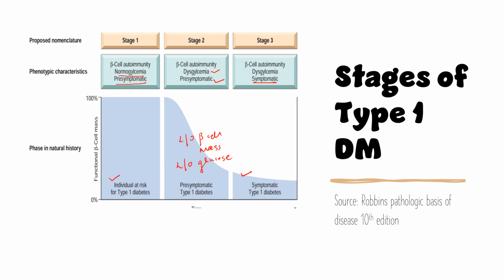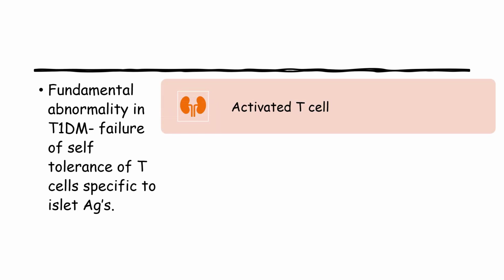So the fundamental abnormality in type 1 diabetes mellitus is failure of self-tolerance in T cells specific for islet cell antigens. Because of the failure of self-tolerance of T cells specific to islet antigen, you get activated T cells. These activated T cells are formed due to development of autoreactivity.